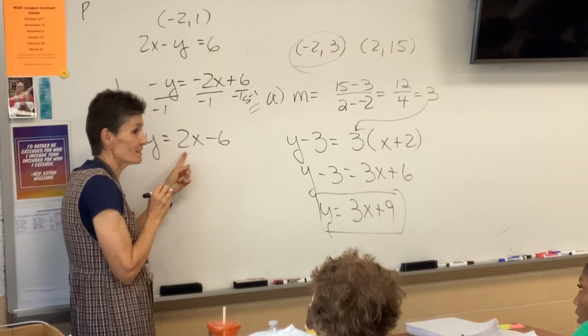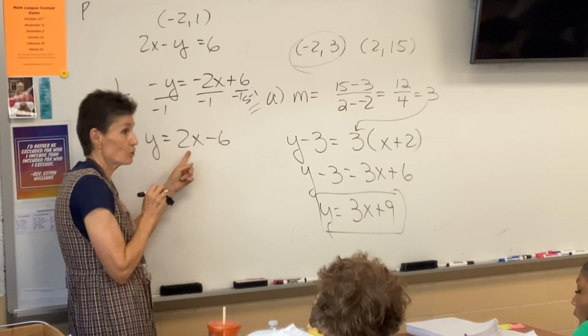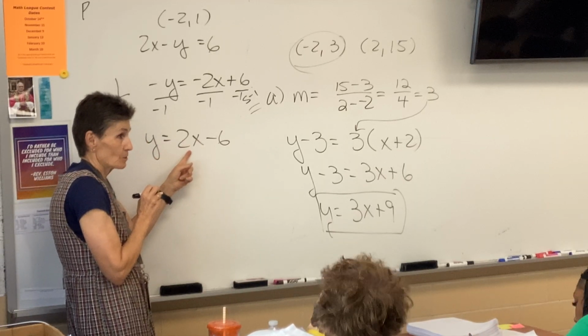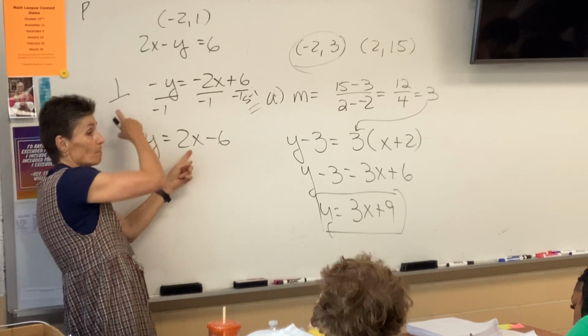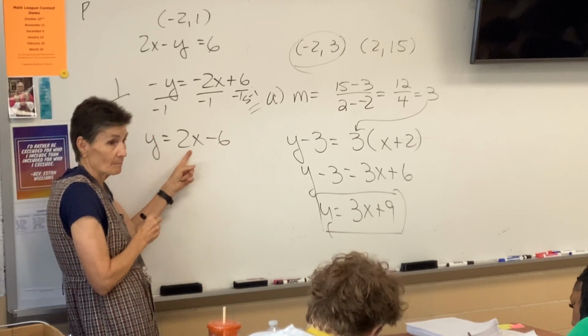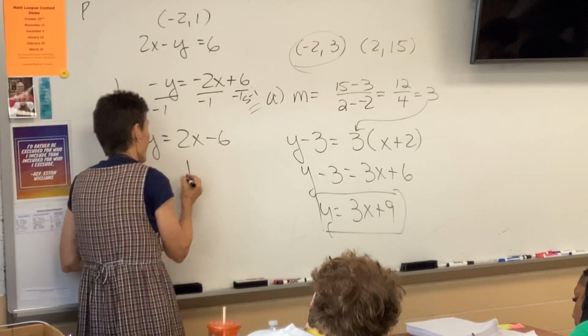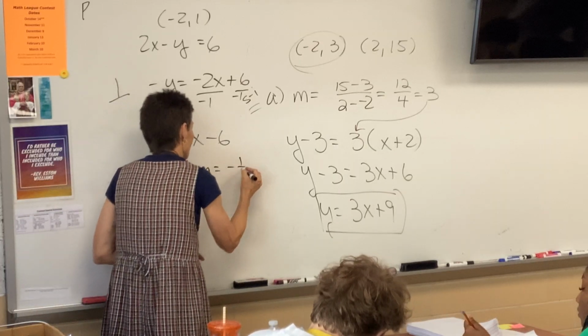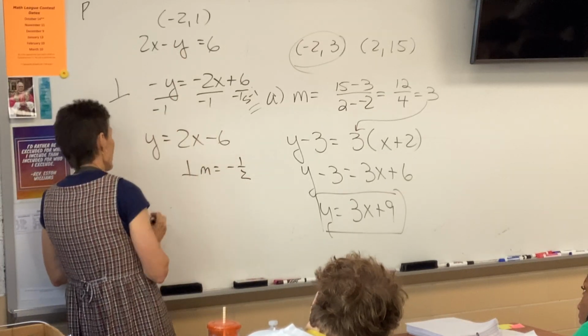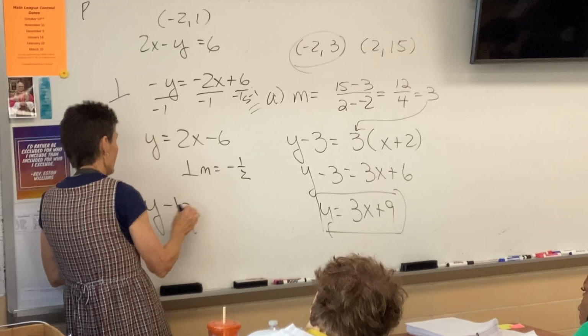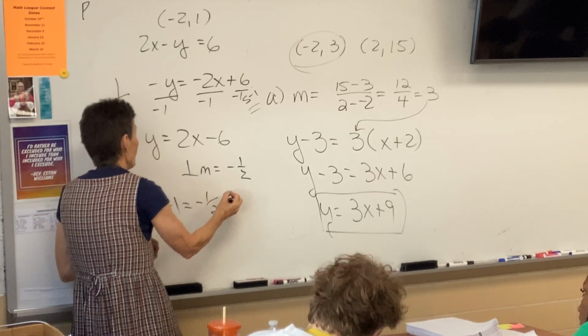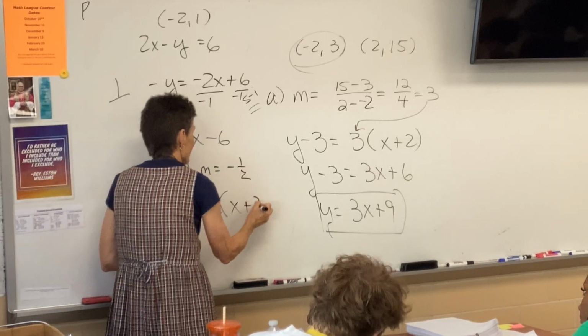The slope of this line is 2. So what will be the slope of the perpendicular line? Negative 1/2. So here's my point. Y minus 1 equals negative 1/2 times x plus 2.